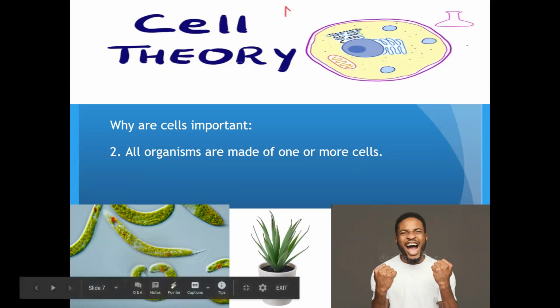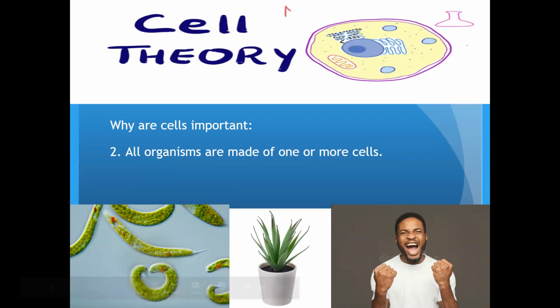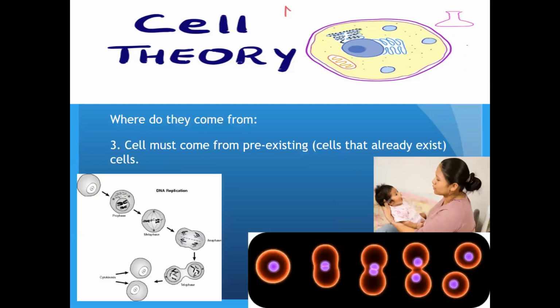And this sweet little single-celled organism we're going to talk about is made up of one cell. So as long as you're made up of one or multiple cells, you are considered living. And the last part of the cell theory is that cells come from pre-existing cells.